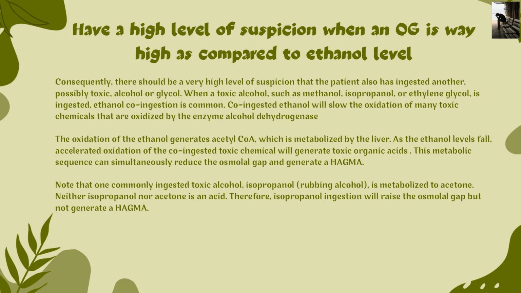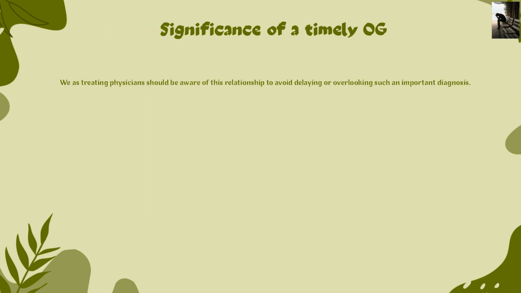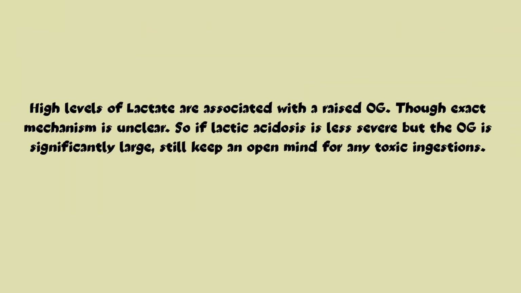If there is a situation where the osmolar gap is disproportionately high compared to the ethanol level, then suspect additional toxic alcohol as a contributory factor. Lactic acidosis does contribute to a high osmolar gap. However, the level of lactic acidosis has got to be significantly high to contribute to an osmolar gap.